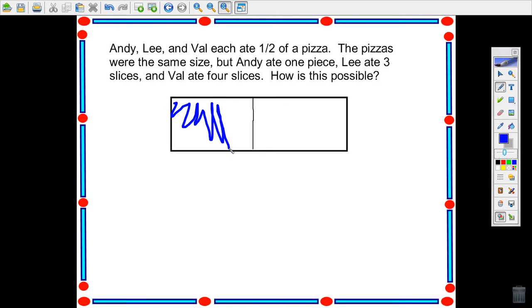So let's pretend this blue represents the pizza that they ate.